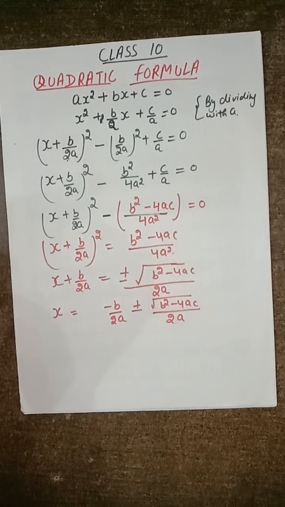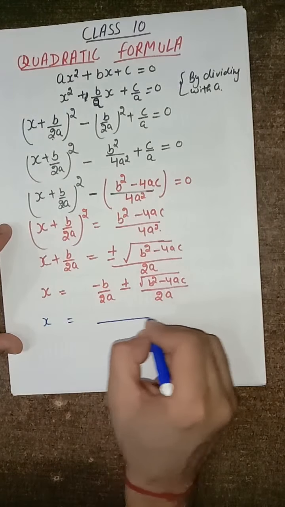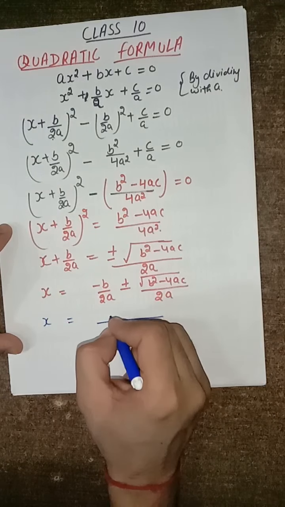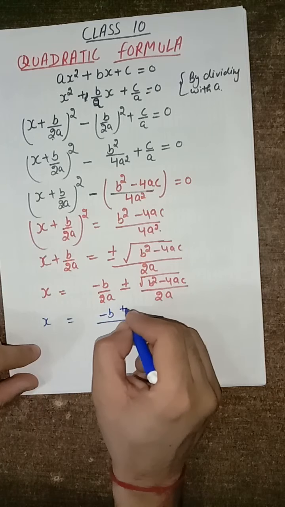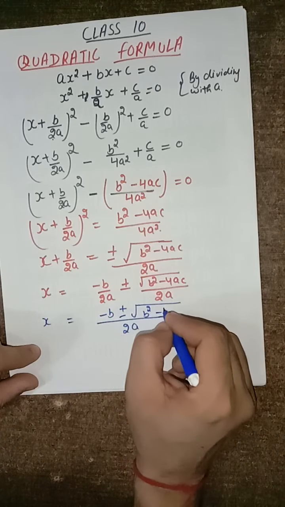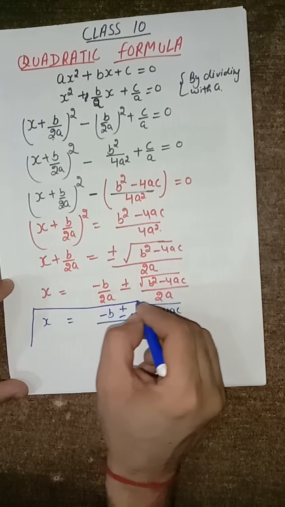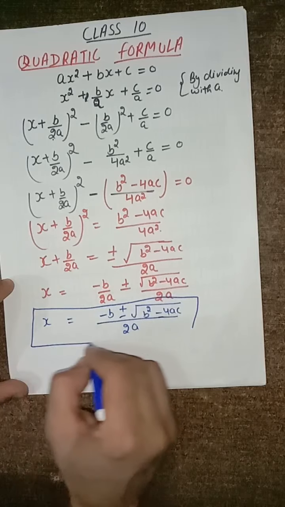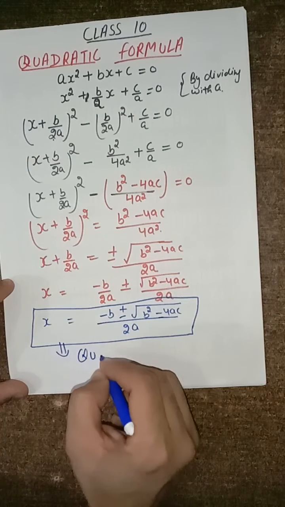Now take LCM as 2a, and this will become x equals minus b plus minus square root of b square minus 4ac, all divided by 2a. This is my quadratic formula.